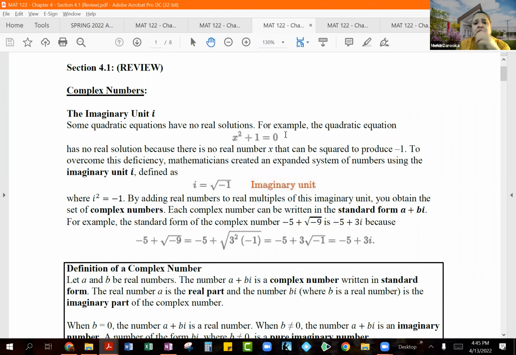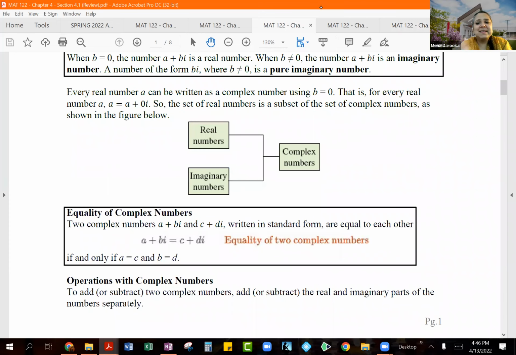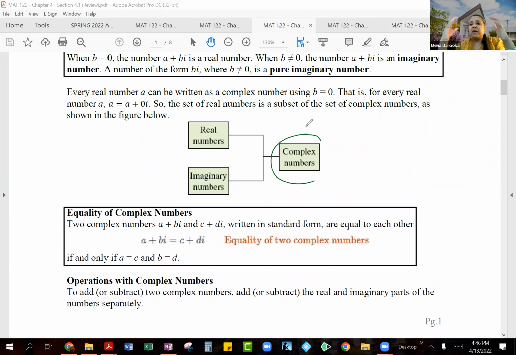Remember, when we get into complex numbers, we are talking about real numbers along with imaginary numbers. Sometimes people use the term complex numbers when talking about just imaginary numbers, but technically complex numbers is the big set, the bigger family, and it breaks down into real numbers and imaginary numbers.